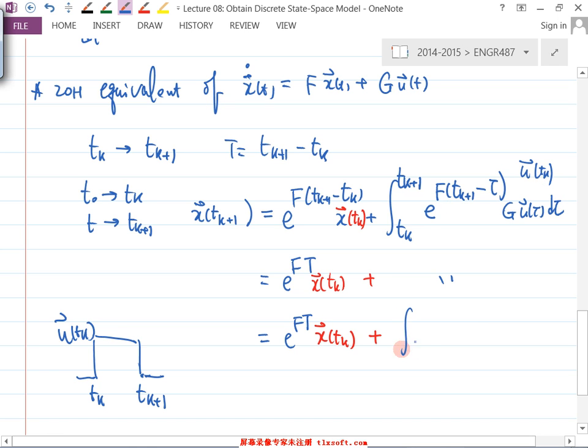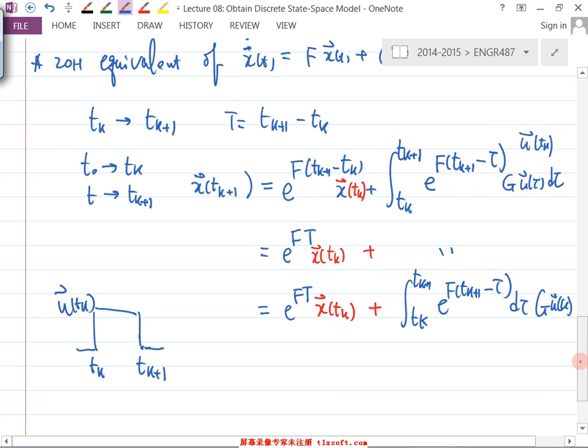So this integral altogether becomes the integral times G times u of k. Is that good?